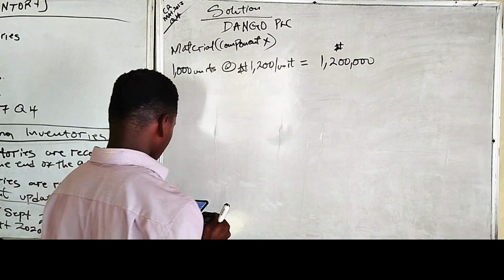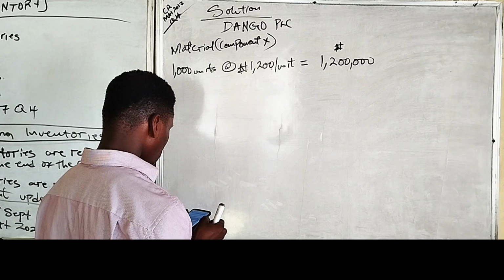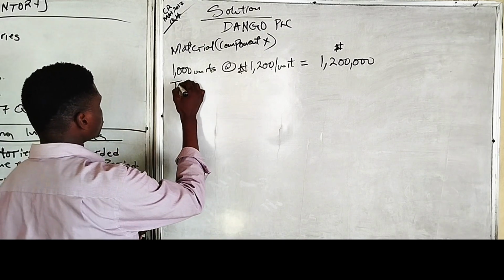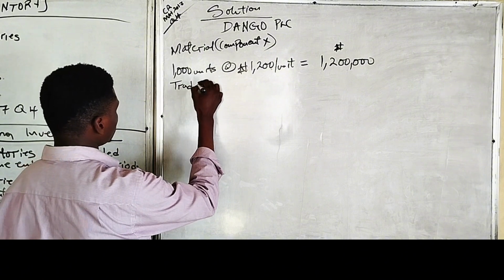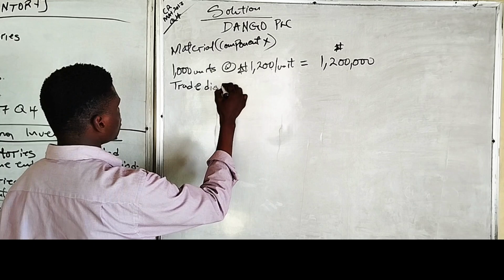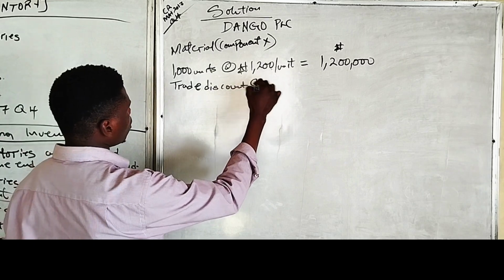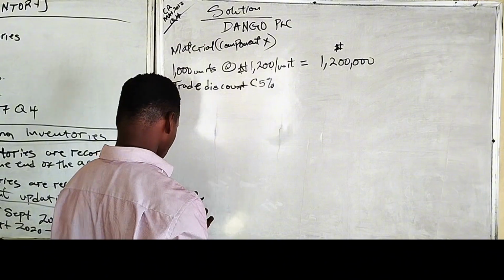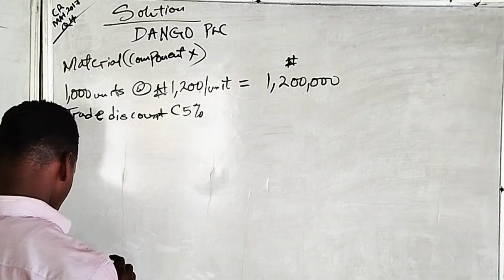So that's that. It says that Dango PLC has negotiated a trade discount. Remember that trade discount must always be removed. When we did IAS 16, we also did something like this. Trade discount of 5% due to the size of the order.